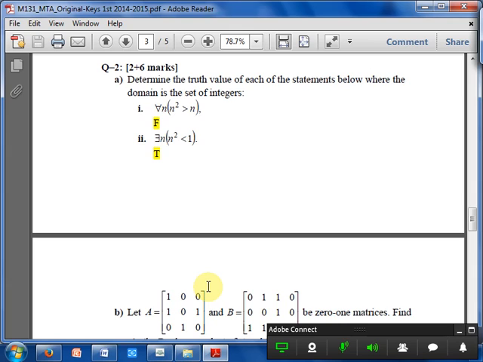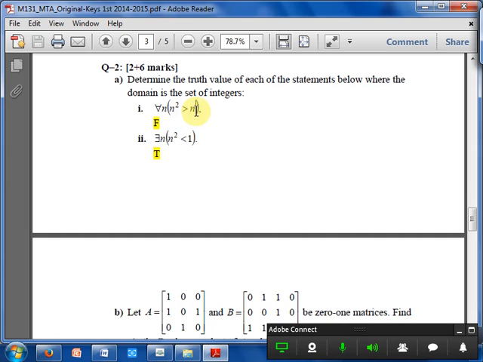The next is: determine the truth value of each statement below, where the domain is the set of integers. Domain is nothing but the value of n here is integers: 0, 1, 2, 3, 4, 5, 6 or minus 1, 2, 3, any integers. Now, for all n, n square is greater than n.